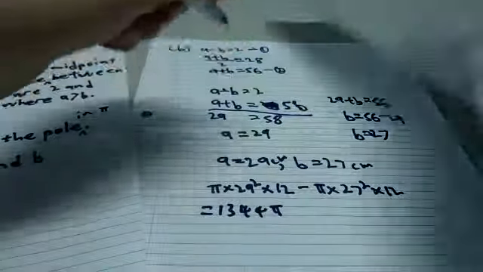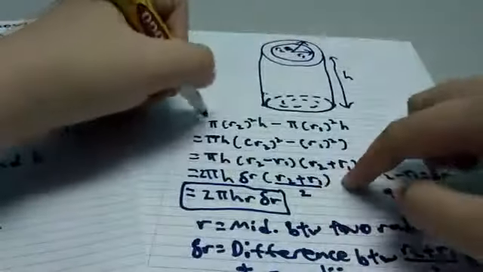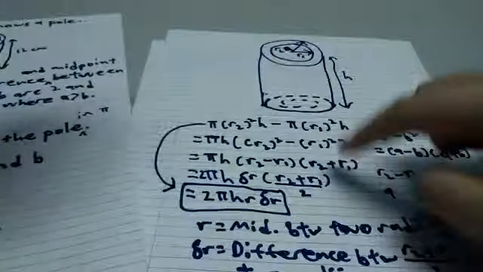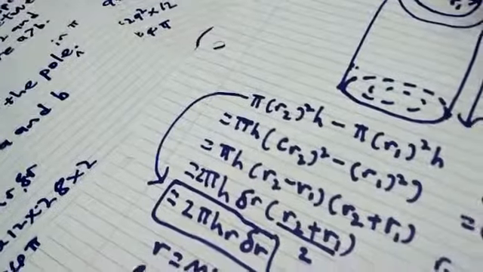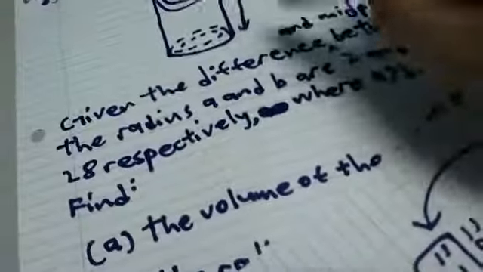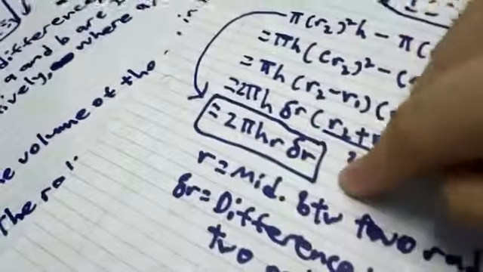This means the formula, which is the simplified version of this, works. I hope you figure out how I find the volume of a pole. When they mention a pole, and the difference and the midpoint between the two radii, we can just use this formula.